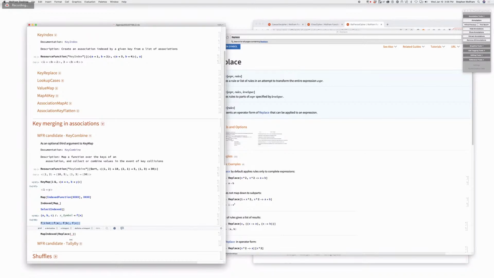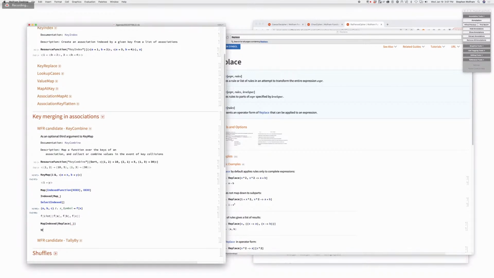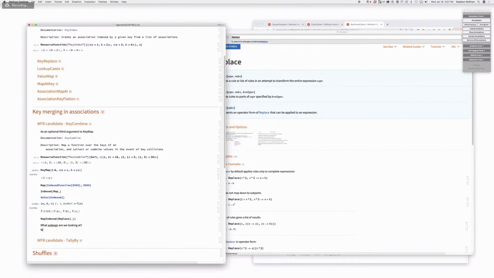Ethan is commenting here about index, element, pattern, and functions. Well, right. So what are the things we might want? We might want to know, when we're mapping through an expression, what sub-expression are we looking at? Where is it in the whole expression?